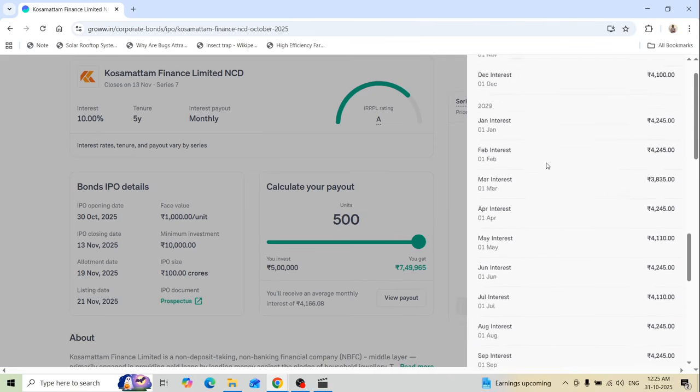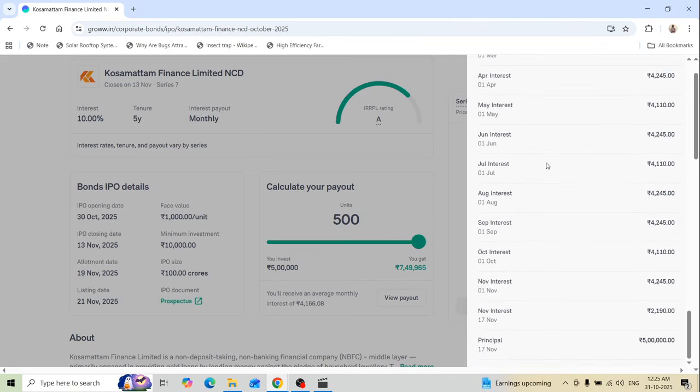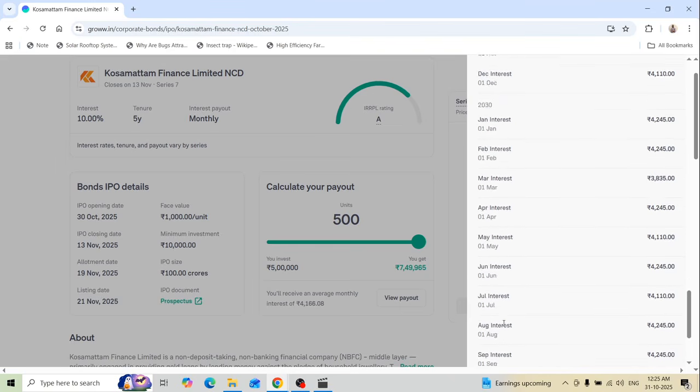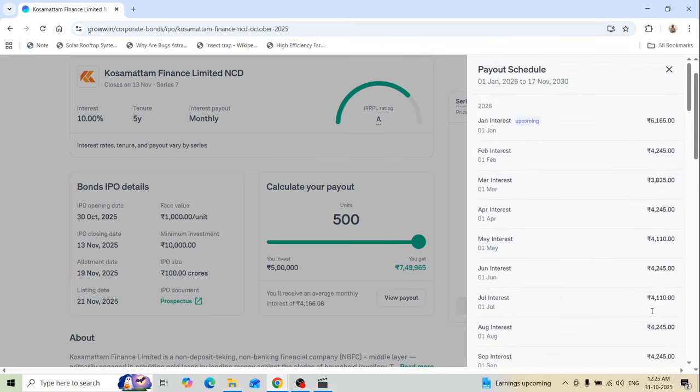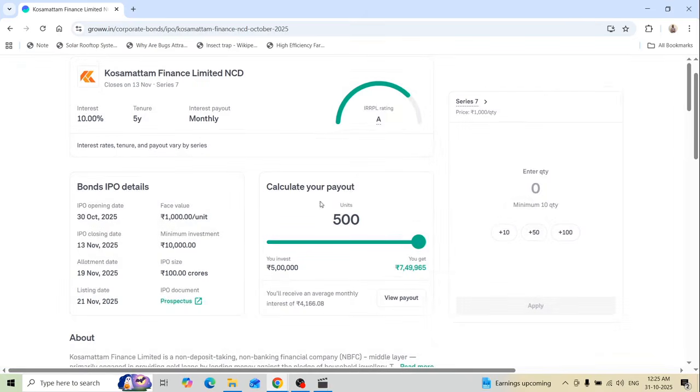At the end of the bond period, I will get the principal amount along with the interest payment for that month. You can see that in November 2030 I get the principal amount of 5 lakh along with the interest for that month. So this is the difference between cumulative payout and monthly payout.